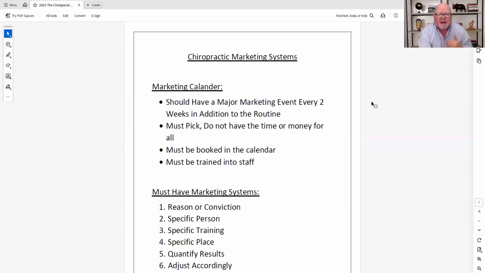What topics are confrontational? Marketing. It takes confrontation to do marketing, unless you're just doing paid advertising. It takes confrontation to create business. And of course, that takes conviction.